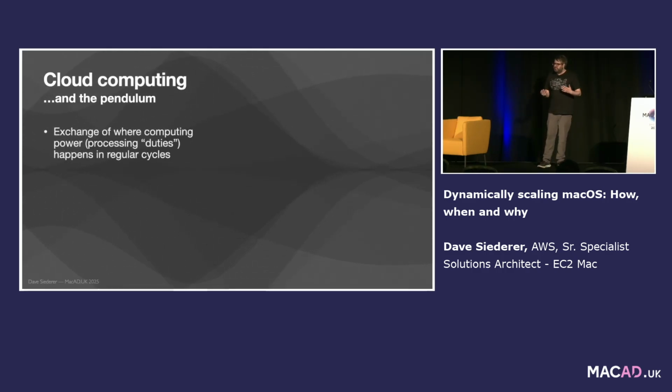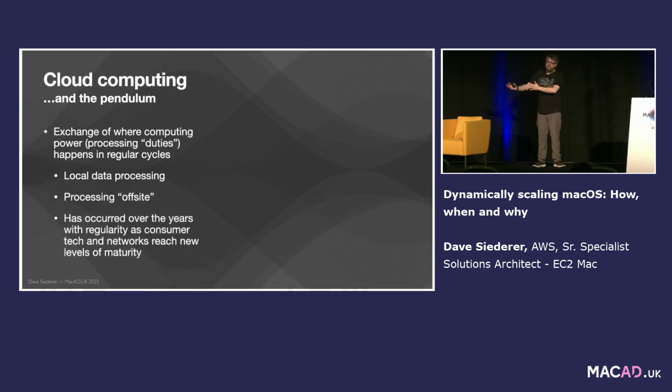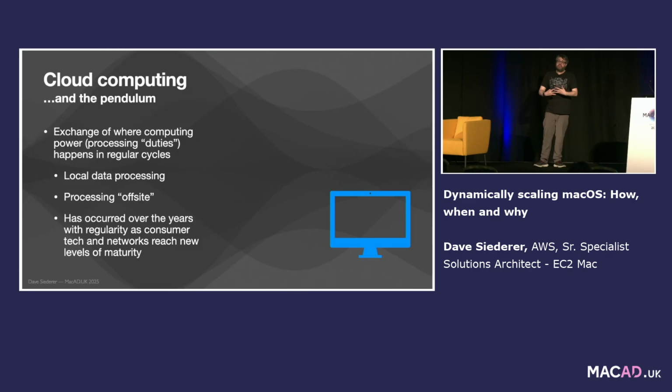It's a fairly simple idea: computing power, the hard work that gets done for what you're doing, is sometimes going to be done in the cloud, on a server somewhere else. Sometimes that's going to be done locally. So we see local data processing move to what's usually bigger hardware in the cloud, and then the hardware gets better on the desktop.